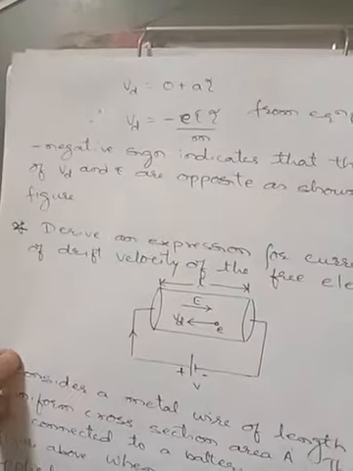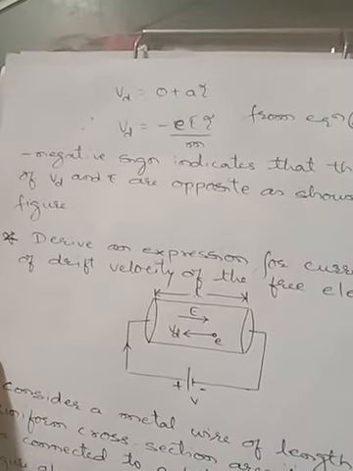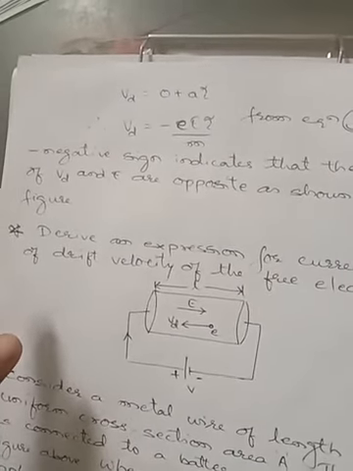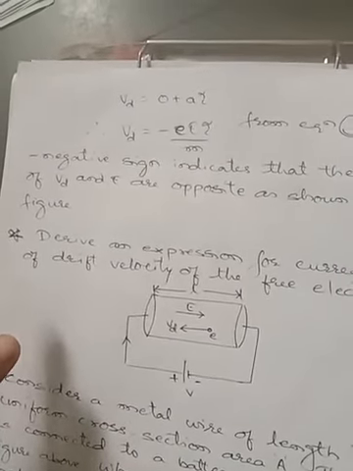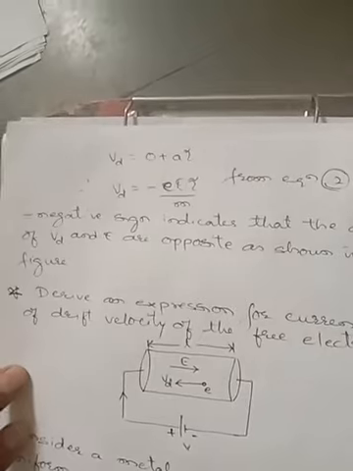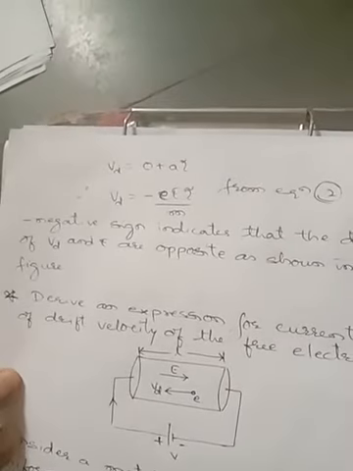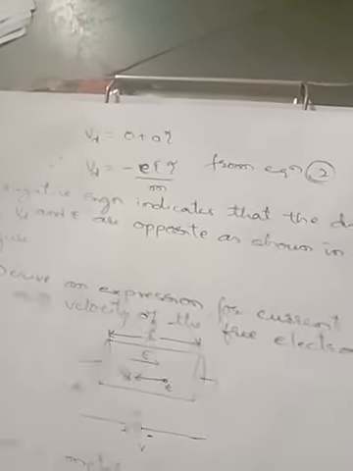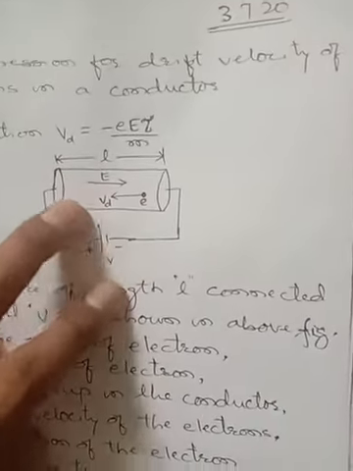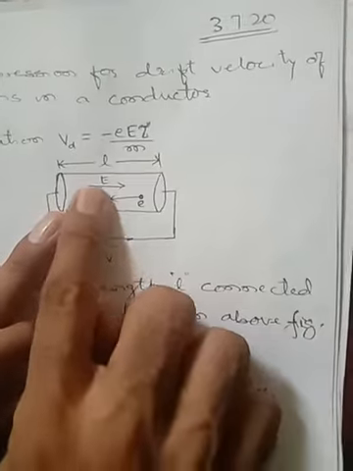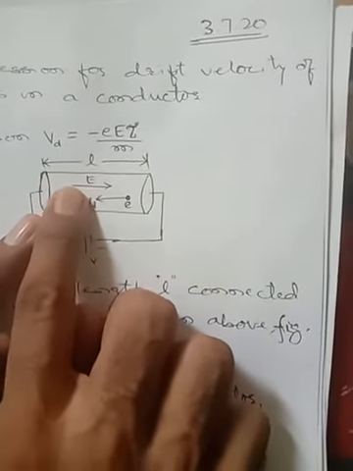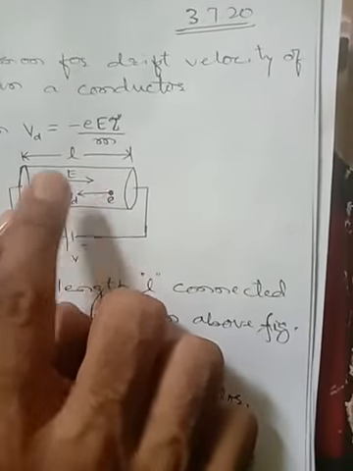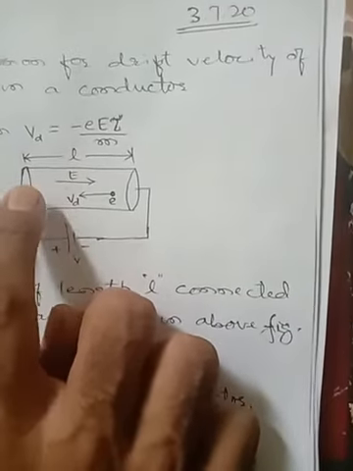As in the assumption we have taken, we explained yesterday when we were considering the drift velocity, that the drift velocity and electric field are in opposite direction. So once again you see this, as soon as the potential is applied to this wire, electric field is set up. Electric field will set up from which to which direction? From positive direction towards the negative direction.